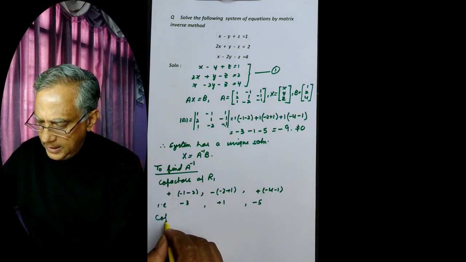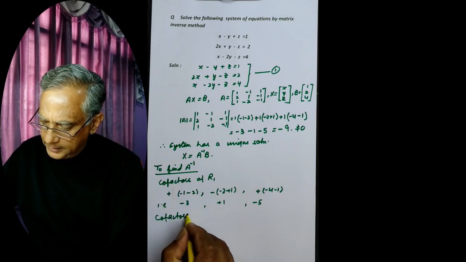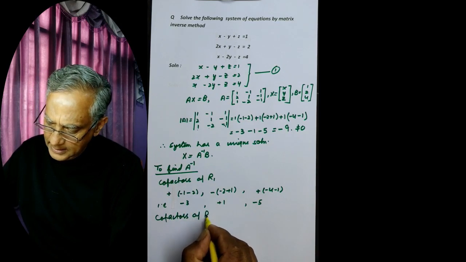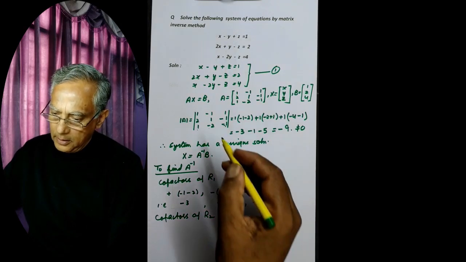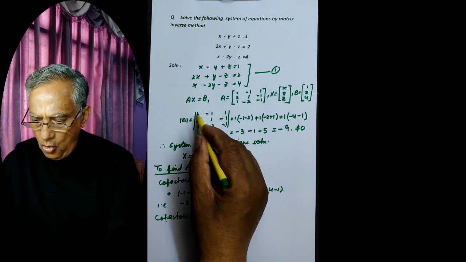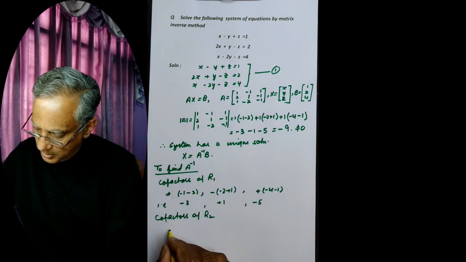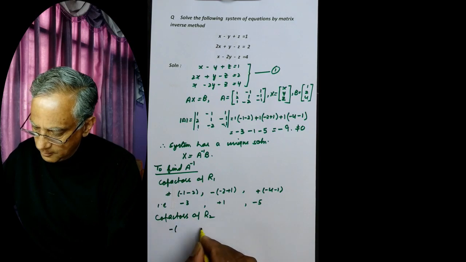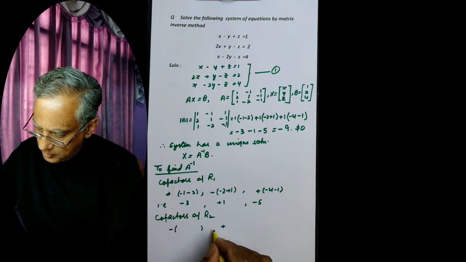Now we find the cofactors of the next row, that is R2. Now the place of this entry is second row, first column, odd. So this will be minus.